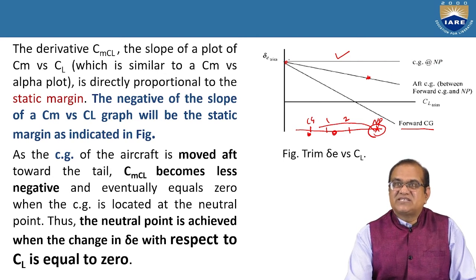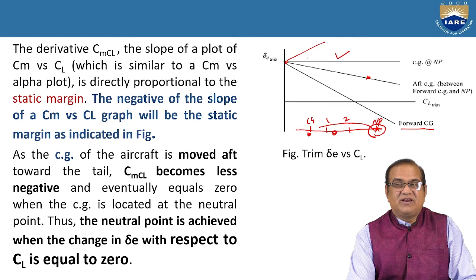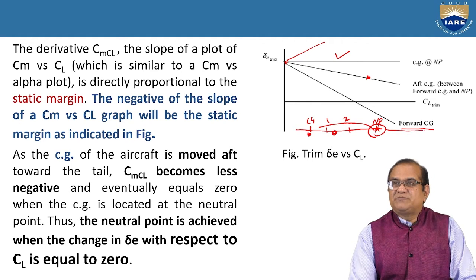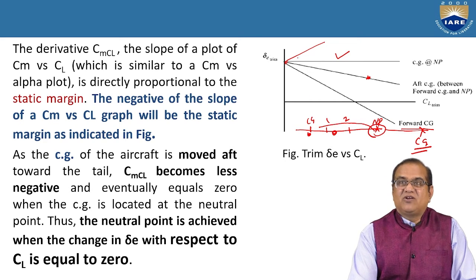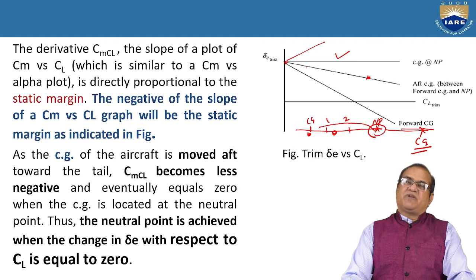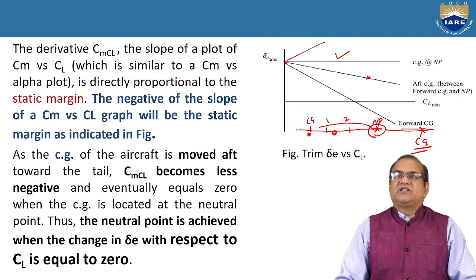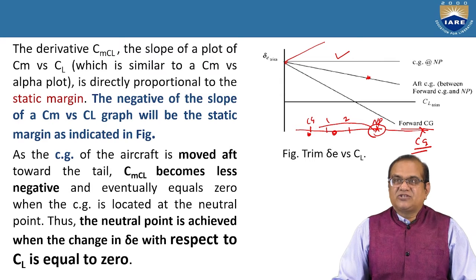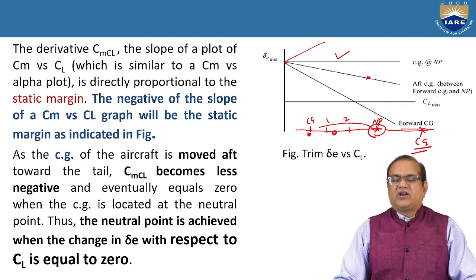And if it starts going upward, it means the plot is now positive and it is unstable, because now the CG is behind. If CG is behind, the plot will go upward. So by drawing this plot, we can find out the requirement of delta E, and we can also find out whether the aircraft is statically stable or not.